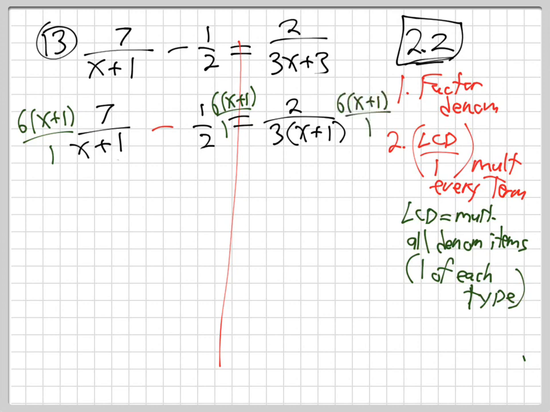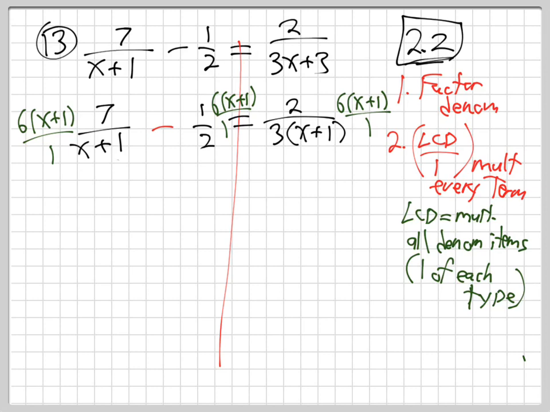See how I multiplied every term, left, middle, and right, by that? That's what we do when we have fractions with an equal sign: you multiply by LCD over 1 each time. And the LCD came from putting together one of everything in the denominator.